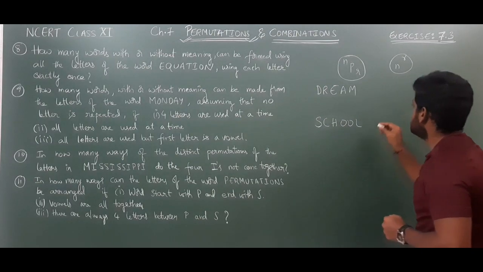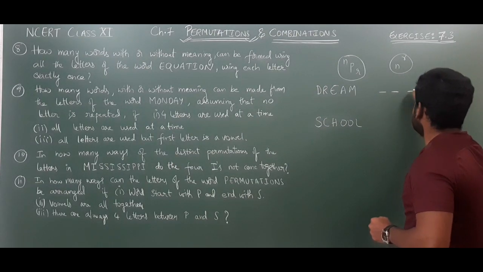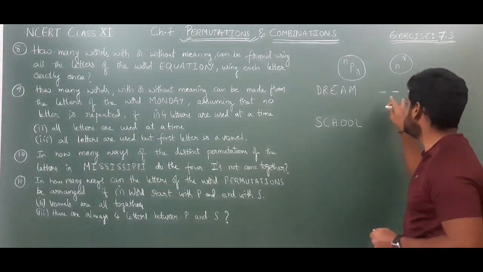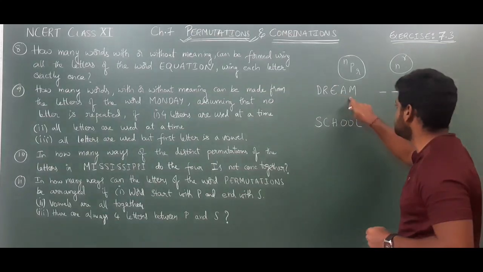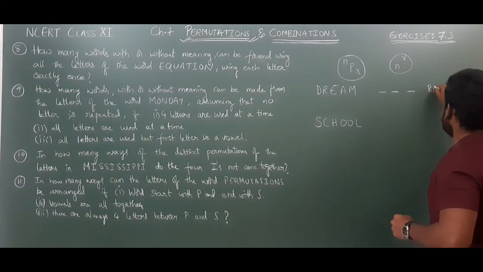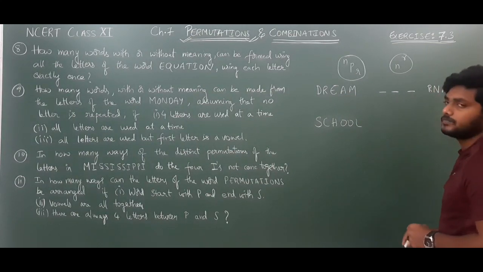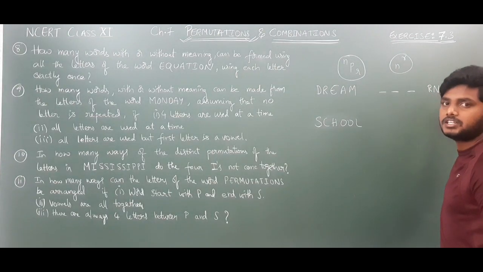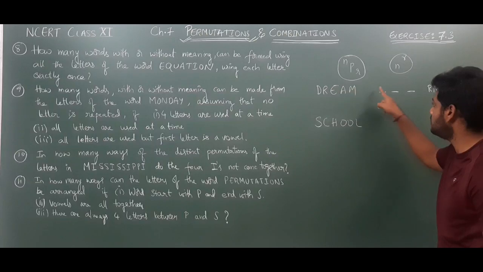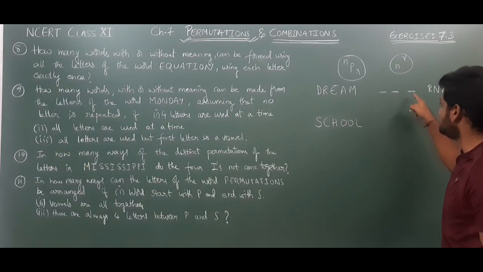If they set the condition like: form a three-letter word by using the letters of dream, with RNA. Here RNA represents repetition not allowed. That means if you use the letter D, it should not come again here and here.